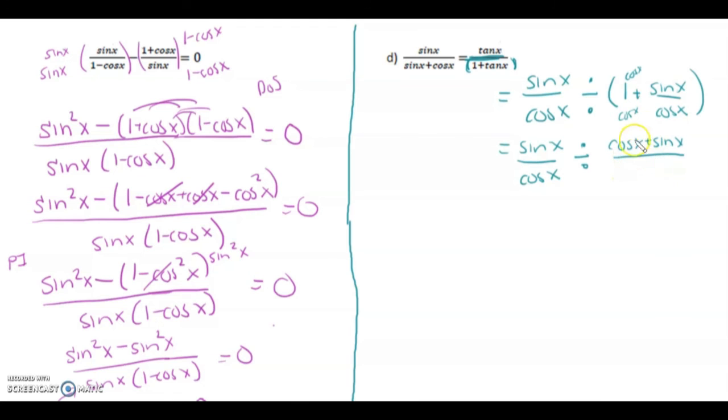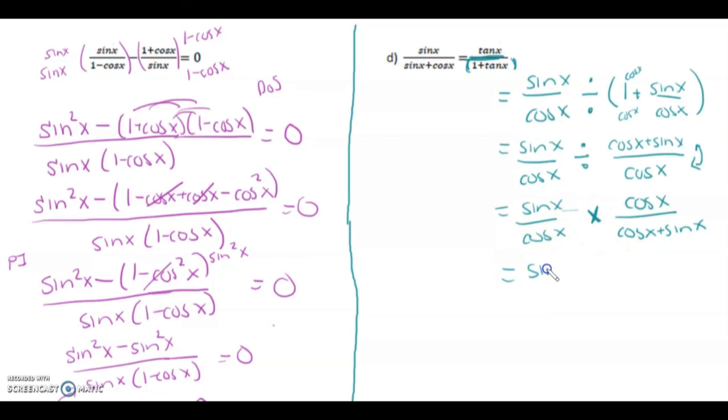It has to specifically be squared for that to hold. However, now that it's a fraction, I can go ahead and reciprocate it. So sine x over cos x, now we're going to do multiplied by cos x over cos x plus sine x. So essentially all of this is in the numerator, all of this is in the denominator.